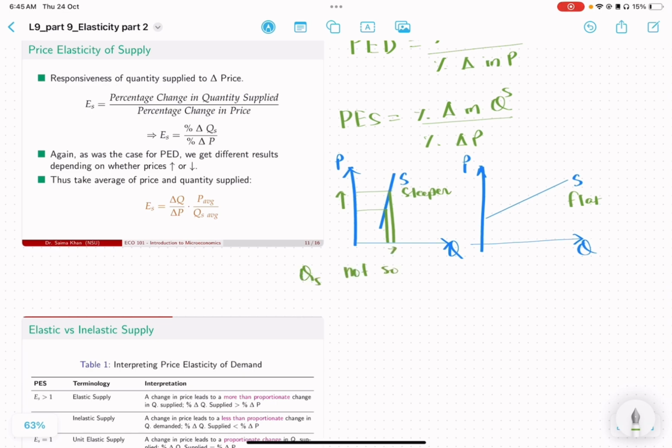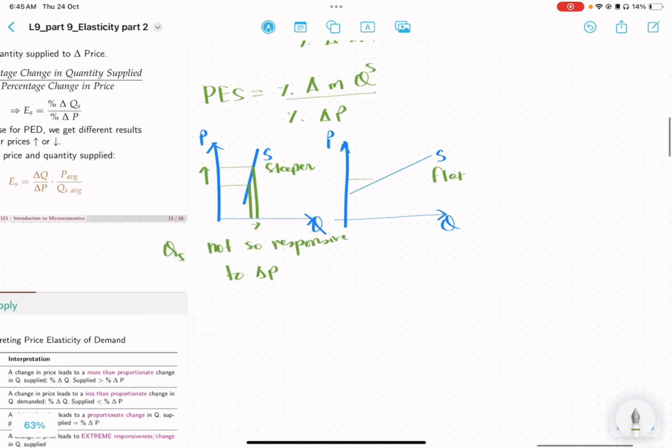So quantity supplied is not so responsive to a change in price. On the other hand, if you look here, you see that a pretty small change in price leads to a much bigger change in quantity supplied. So basically, quantity supplied is very responsive to a change in price.